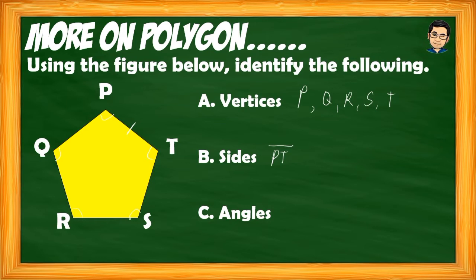Hindi po siya line, line segment lang po. Next, we also have TS or ST. PT or TP, pareho lang po yun. TS or ST, pareho lang. Next po, SR, RQ, and QP.